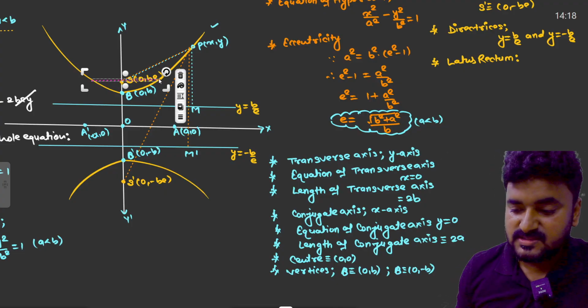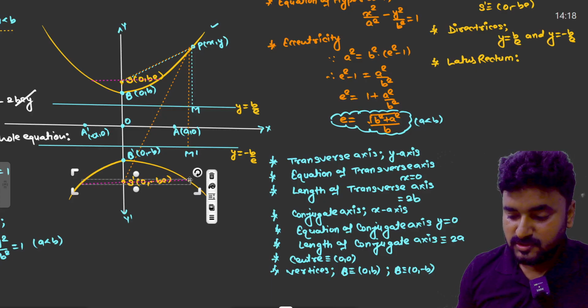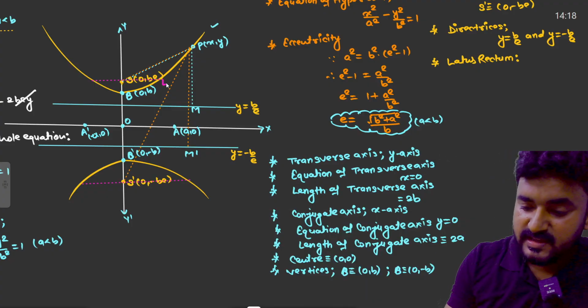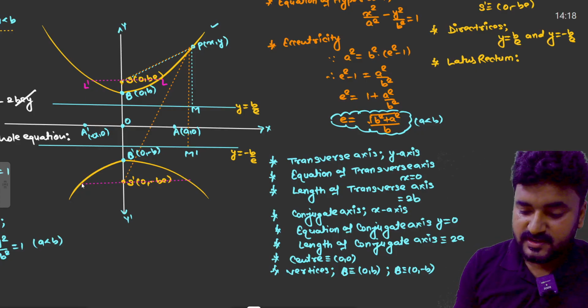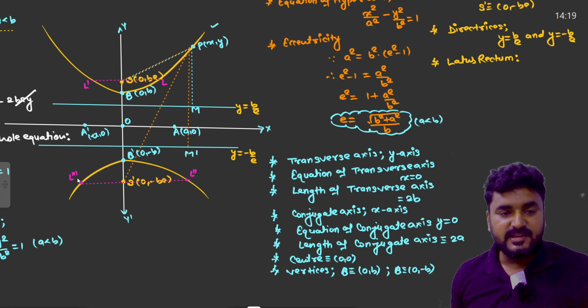This line is the perpendicular we can take on the focus. So the latus rectum is L S L dash, or we can write L double dash and L triple dash. So this is my latus rectum.